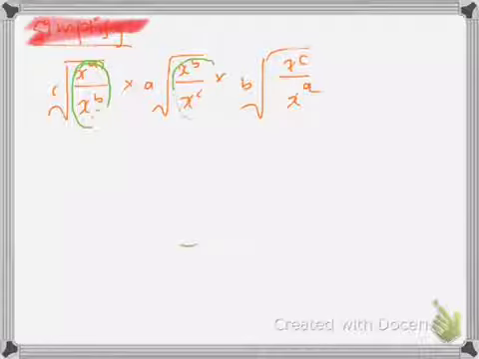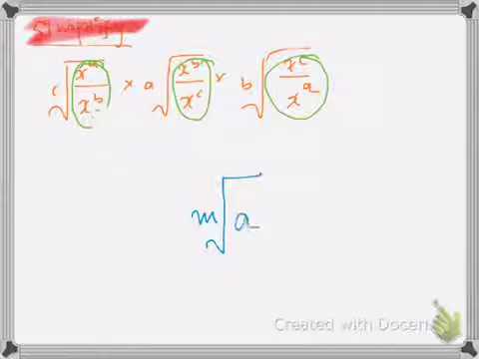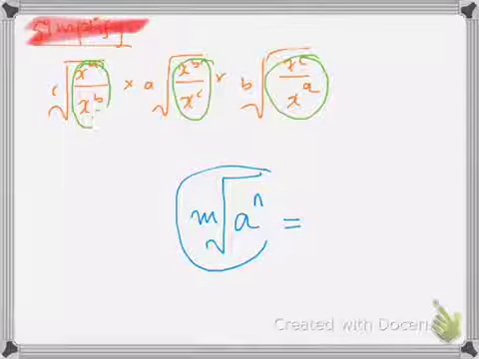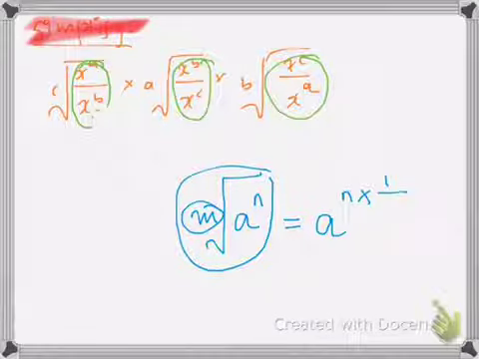Similarly, we can do it for the second term and third term inside the root. Also, one more thing I want you to be clear about is that if the mth root of a to the power n appears in any term, we can rewrite it as a to the power n times 1 times m, the reciprocal.